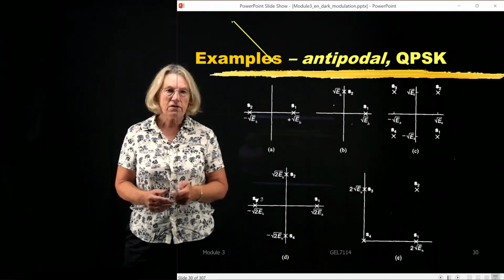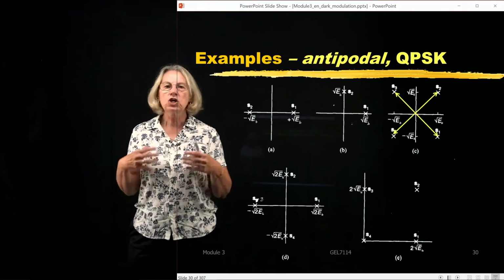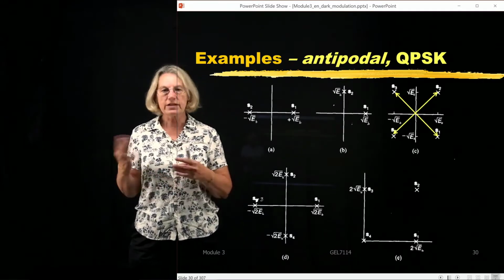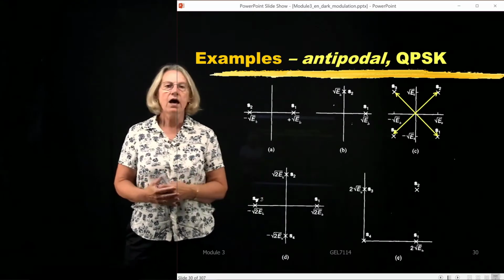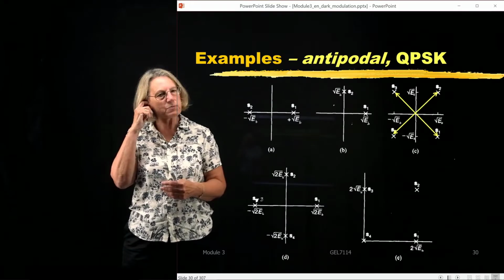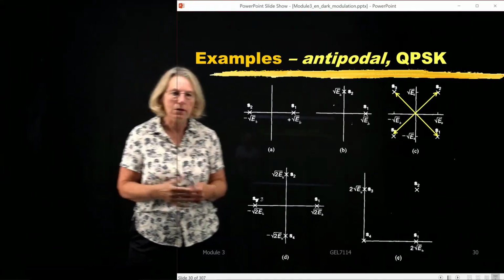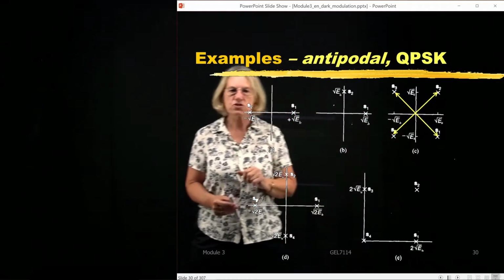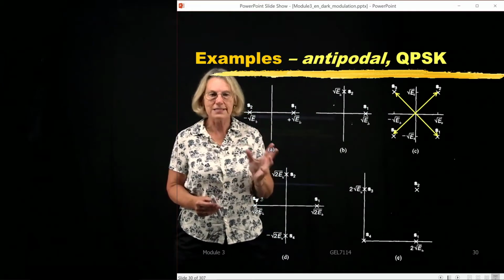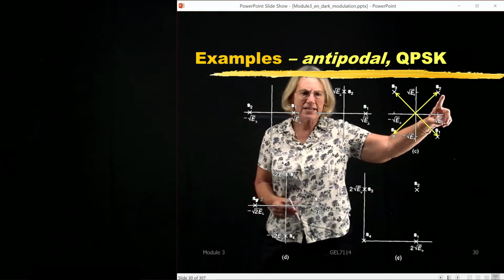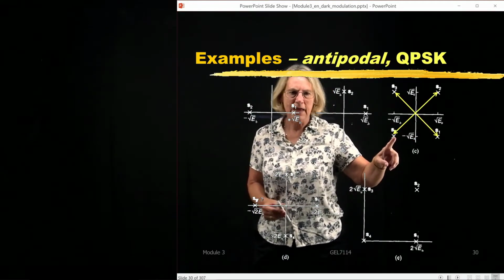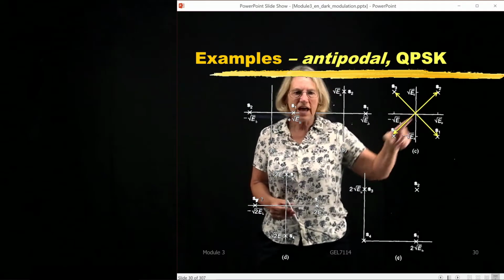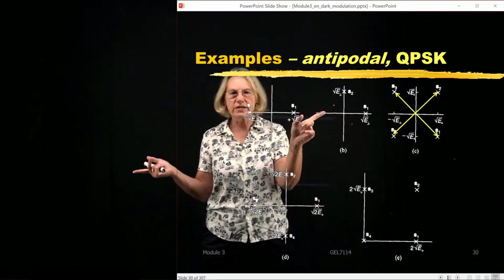Another example now would be QPSK, which is quaternary phase shift keying, which is kind of a mix, because we can think of it like antipodal. Here are 4 symbols on this 2-dimensional signal space for QPSK. If we take S2 and S4, they're in opposite directions, right? So they're like antipodal.